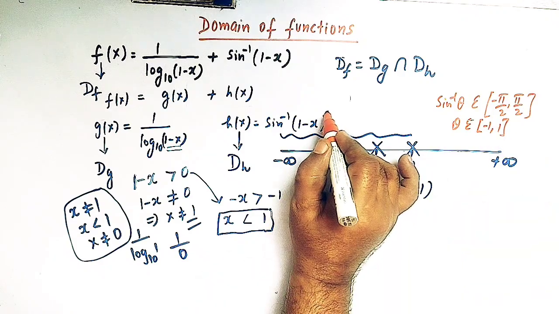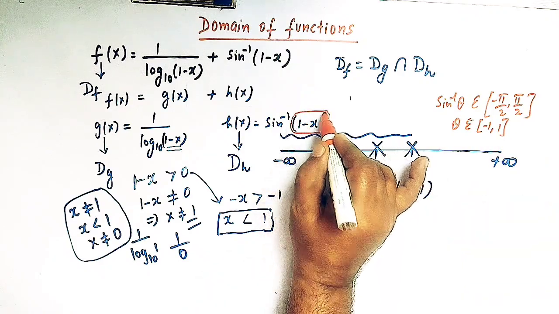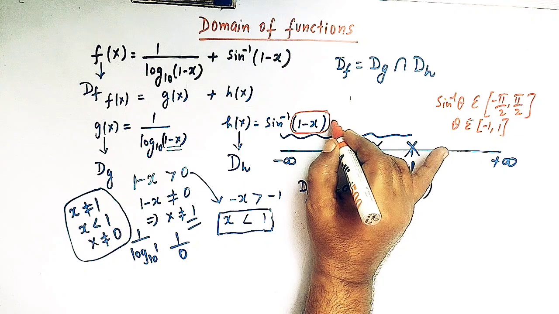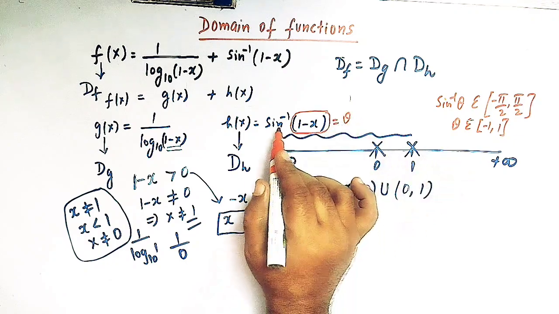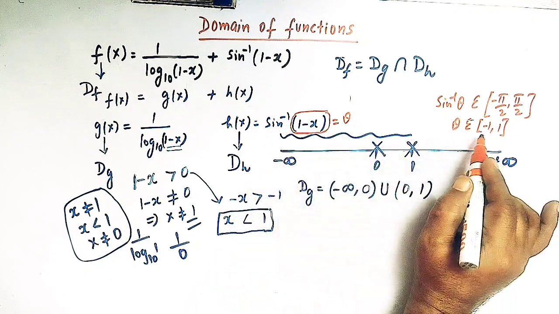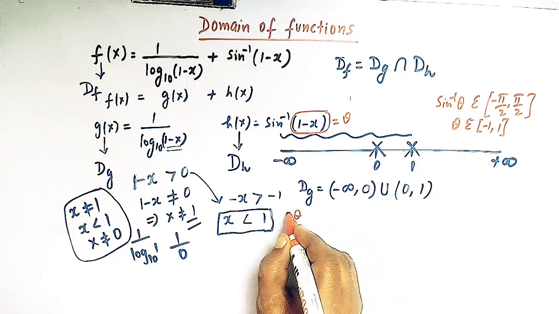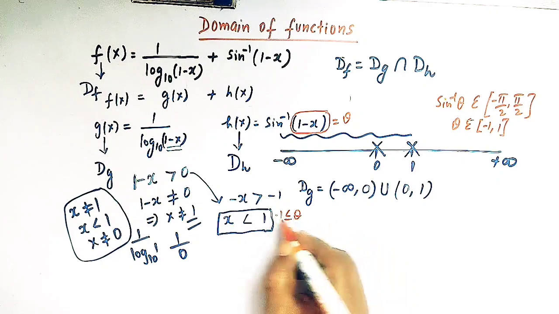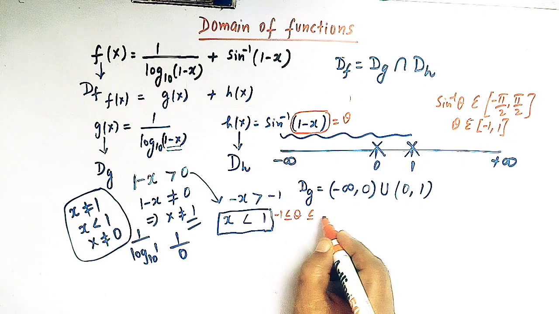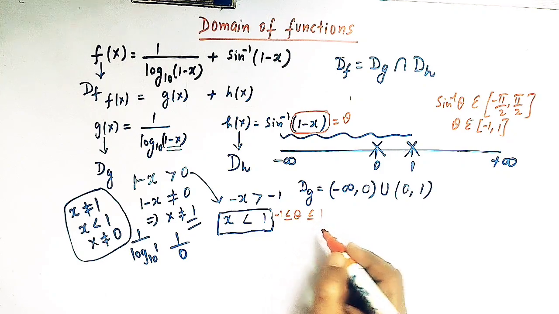So if we take this quantity, 1 minus x, as theta, then we have sine inverse theta, and theta belongs to this interval. So we can now write theta greater than or equal to minus 1, and less than or equal to 1.